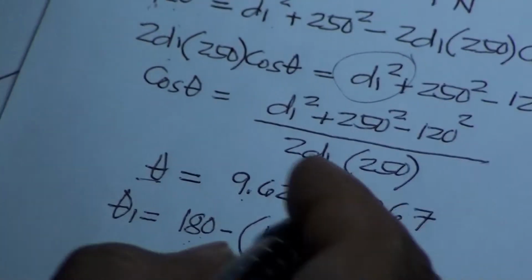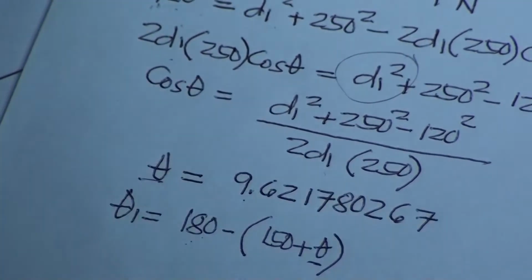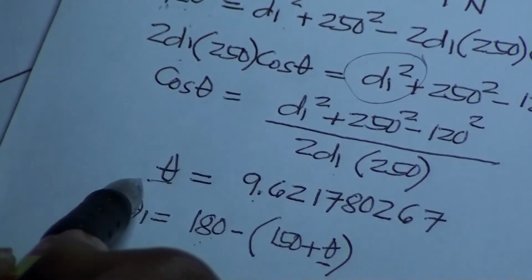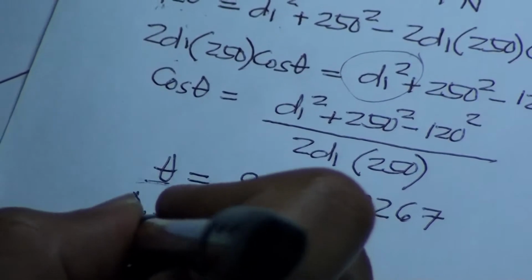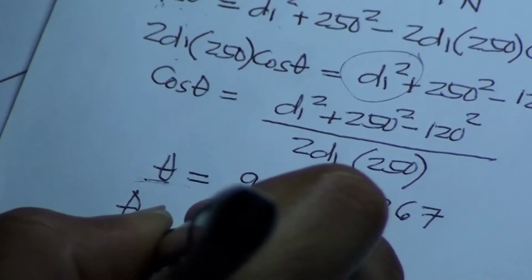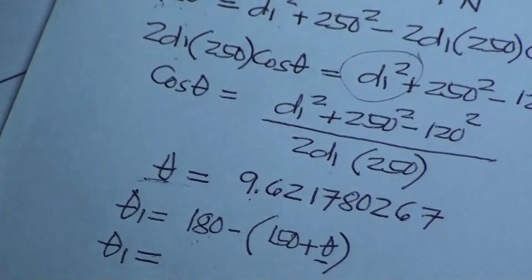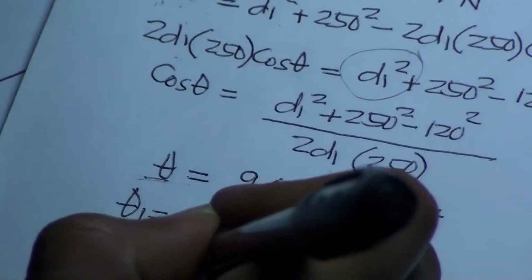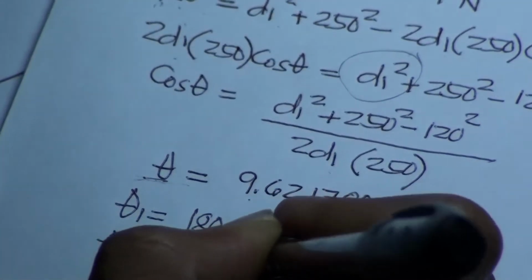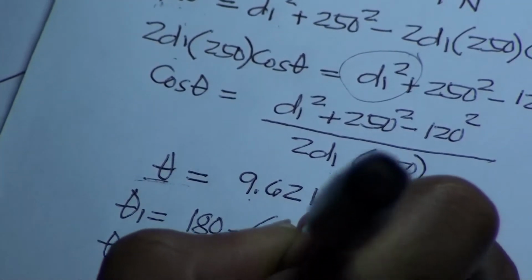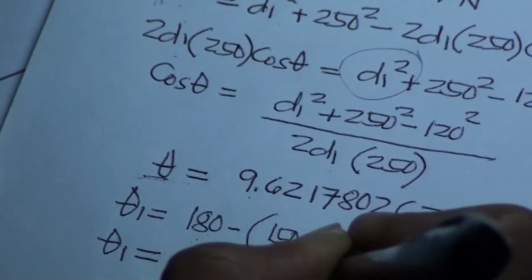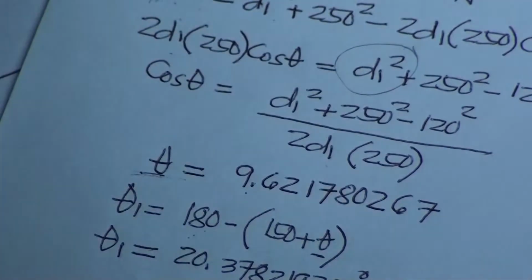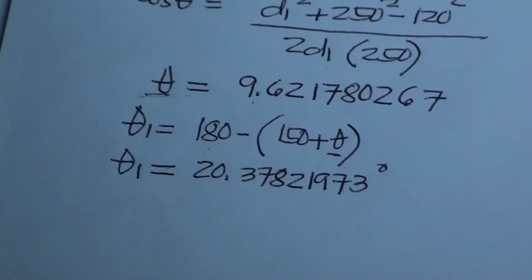So solving for it, since theta is known because of this, we can solve for theta sub 1, which is now equivalent to 20.37821973 degrees.